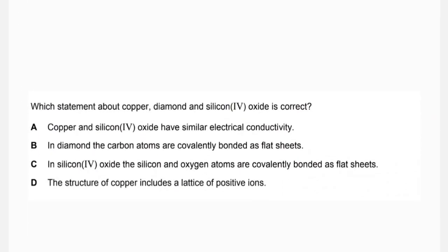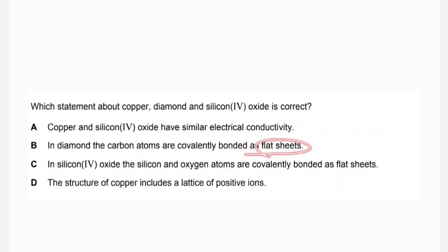Which statement about copper, diamond and silicon dioxide is correct? Copper and silicon dioxide have similar electrical conductivity, which is clearly wrong because copper is a metal and silicon dioxide cannot conduct electricity. So that has to be wrong. In diamond, the carbon atoms are covalently bonded as flat sheets.